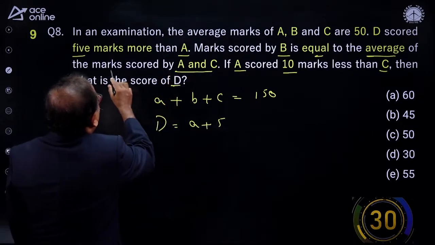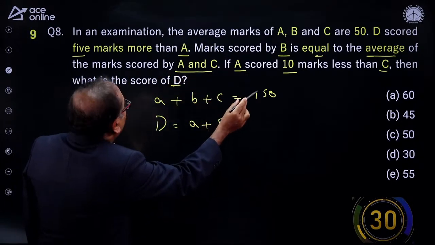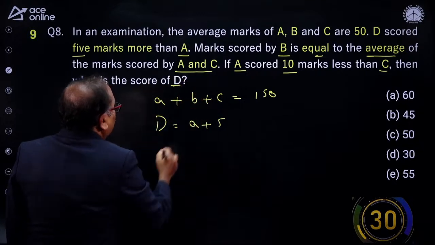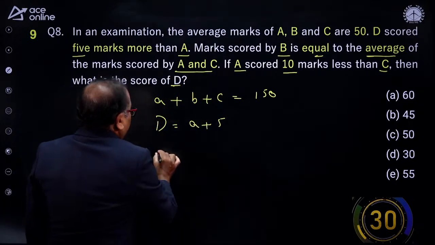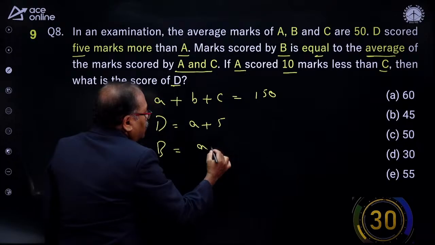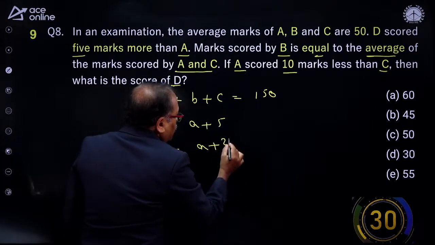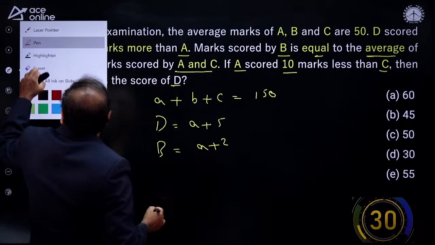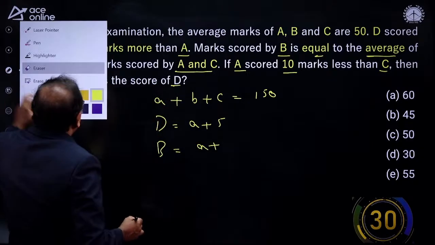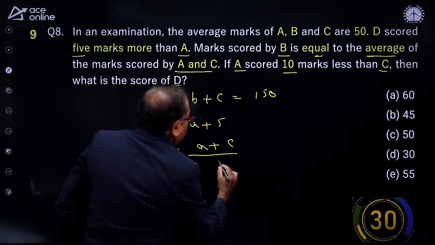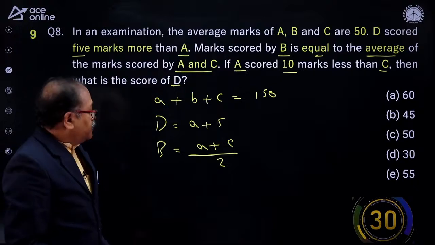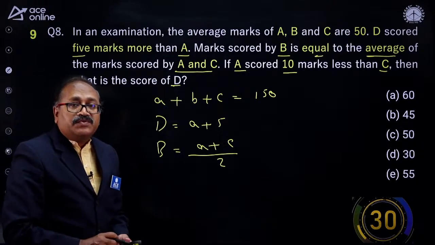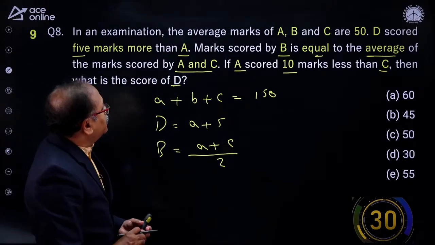Next it is said that B is equal to the average marks of A and C. So B is equal to A plus C divided by 2. This is B's marks. A's marks will remain as A and C's marks will remain as C.